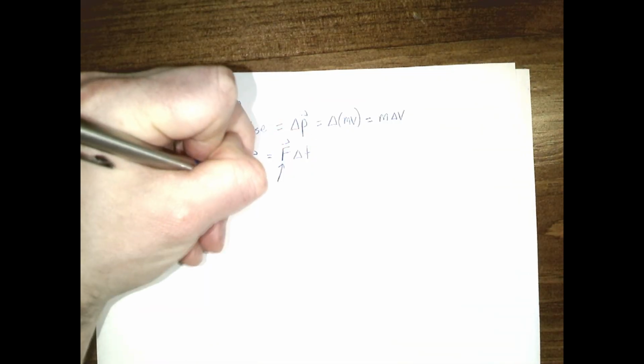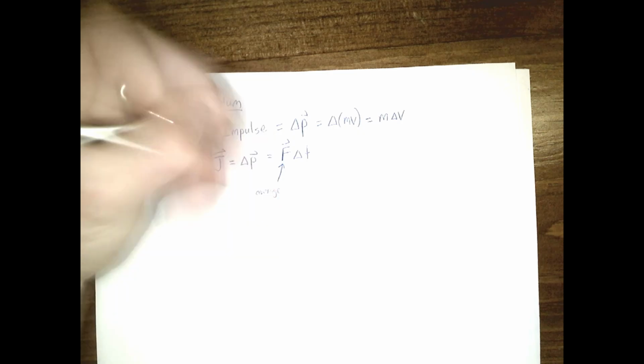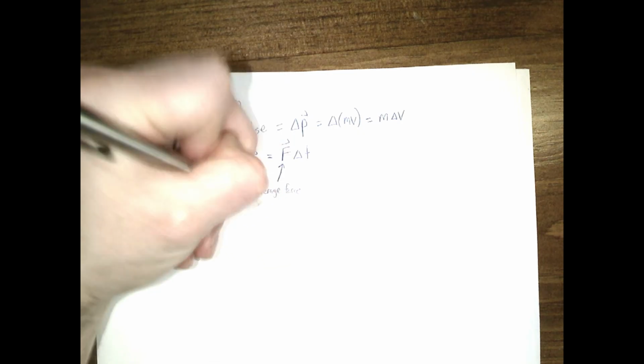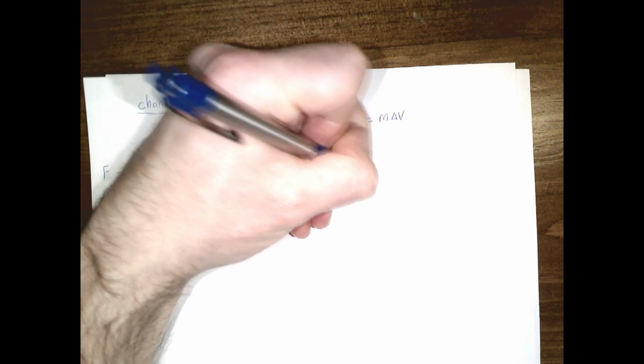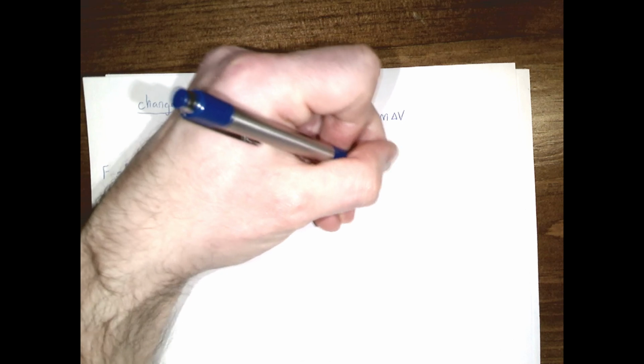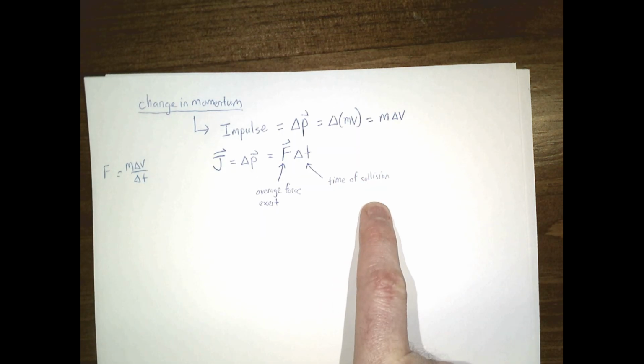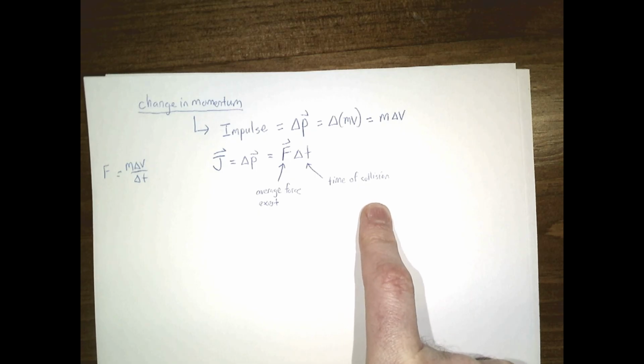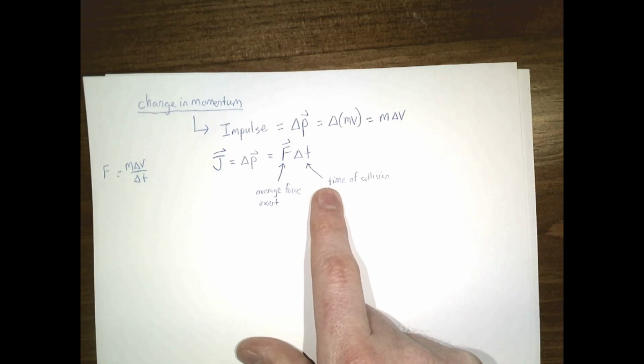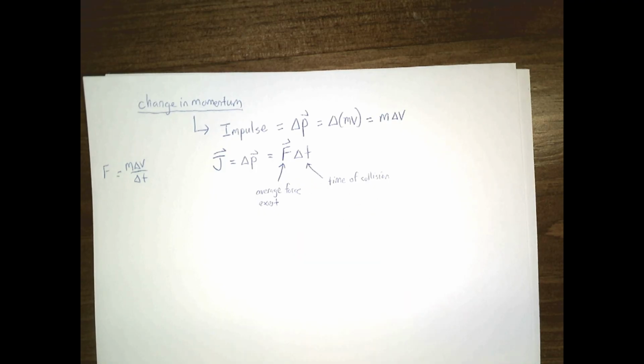This force here is usually the average force the objects exerted on each other. This time is specifically the time of the collision. For most real collisions, this time is very, very short. We're talking less than 1/10 of a second for something to smack into each other and change its velocity. So this time tends to be quite short.